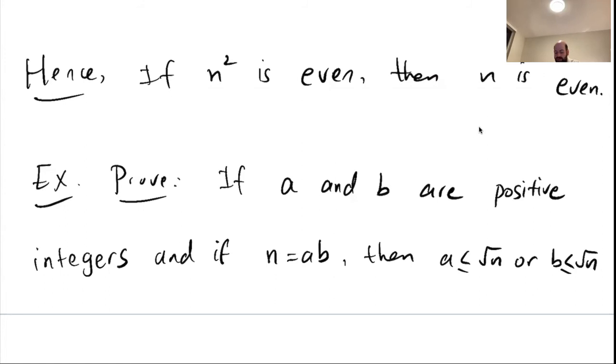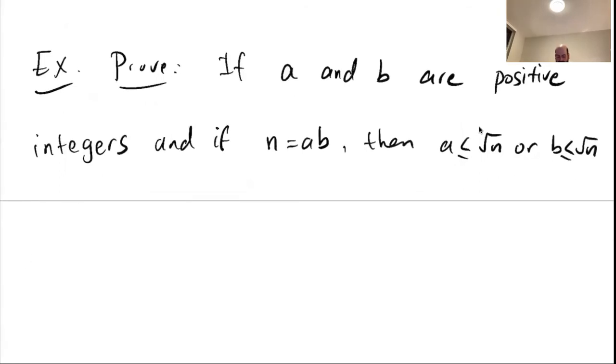But then how would you make sure that the inequalities appear, or how would you show that a is less than root n or b is less than root n? So you could try and see whether you can make direct proof work or not. But the easier, better way to do it is to do it with proof by contraposition.